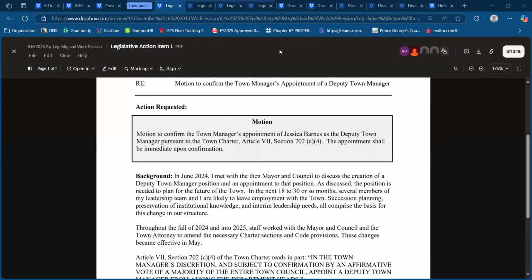She has done numerous things and taken on numerous roles in order to bring a vitality to the town that was much welcome. Being promoted to this next position is well earned, well deserved.